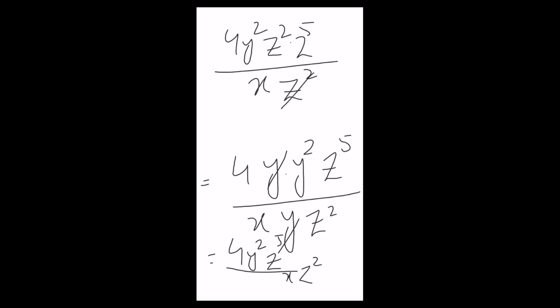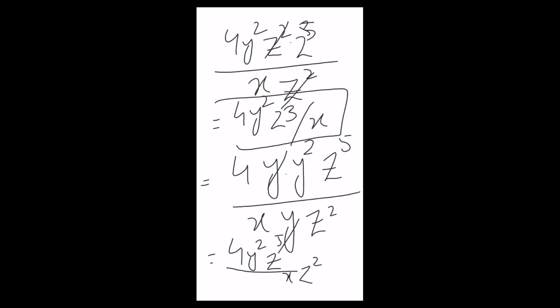So now z squared and z squared do get cancelled. So we are left with 4y squared z raised to the power, sorry, it was 3, z cubed divided by x, and that is your simplest, lowest form of the polynomial, and that's your answer. 4y squared z cubed divided by x. Done? Yeah.